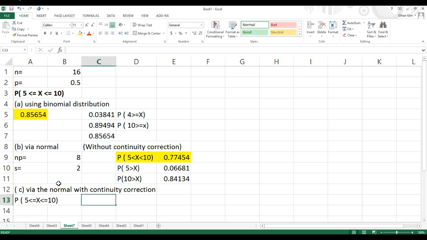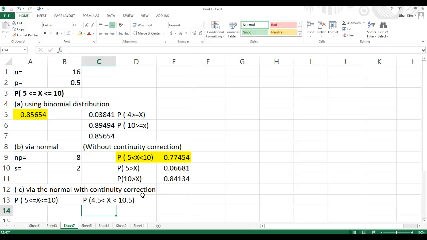And let's look at how we would do this. You would have to include any point that rounds up to 5 and 10. So this is going to be the probability of greater than 4.5, and less than or equal to, or less than just 10.5. Right?